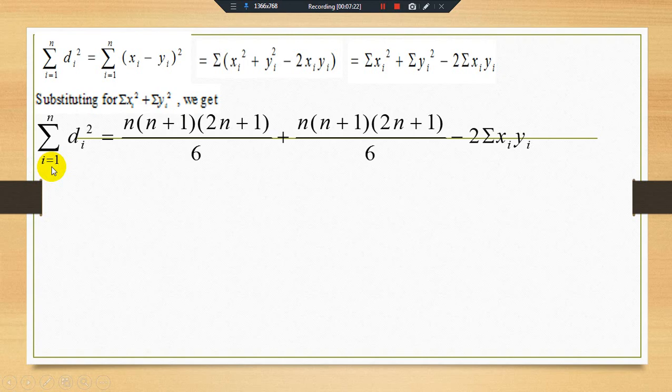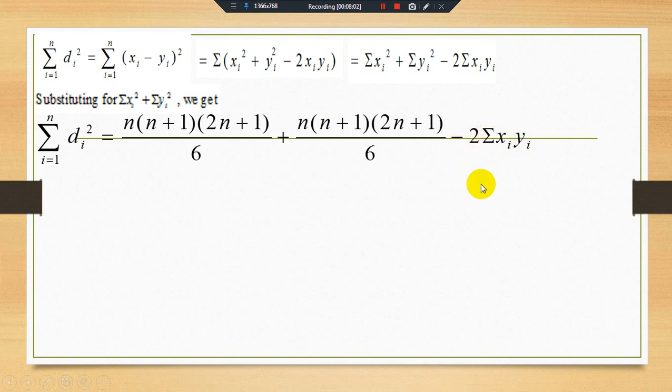i is equal to 1 to n. So we put summation x square and summation y square minus 2 xi yi. Now if we take the LCM of this part, then after taking the LCM, here we are going to calculate summation xi yi.